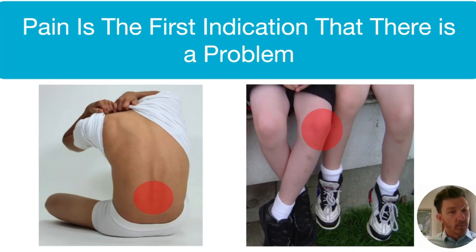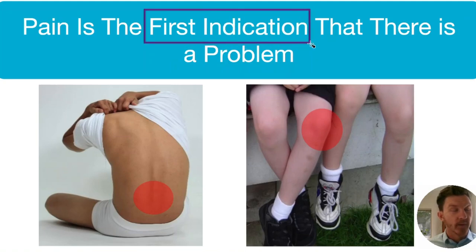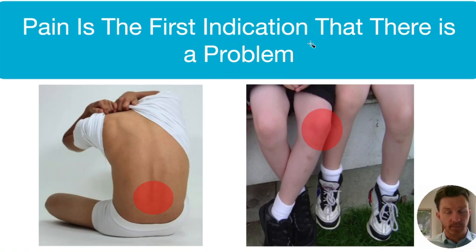For most chiropractors, most PTs, most individuals, the first indication that there is a problem is pain. Pain is an alarm system that's turned on in the body. But what if we could identify a problem before pain?